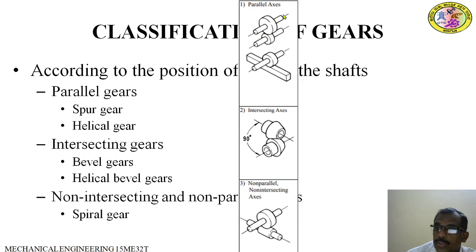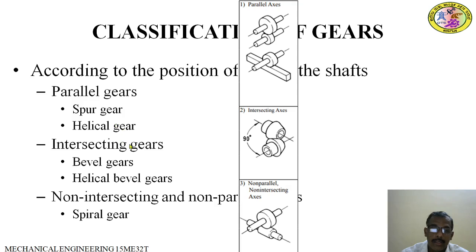The axis of rotation of the driver and the axis of rotation of the driven are parallel to each other. These are called parallel gears. Examples are spur gear and helical gears. Here we are studying these two.